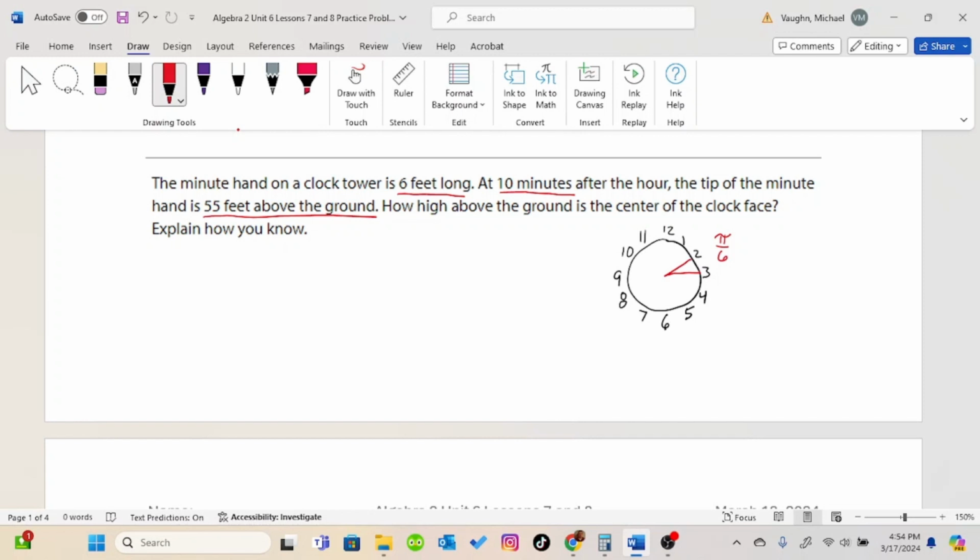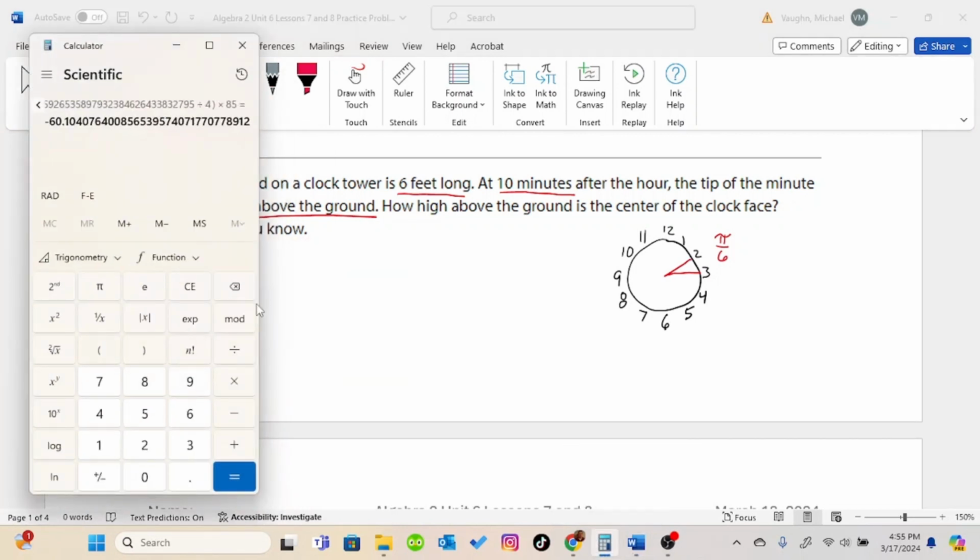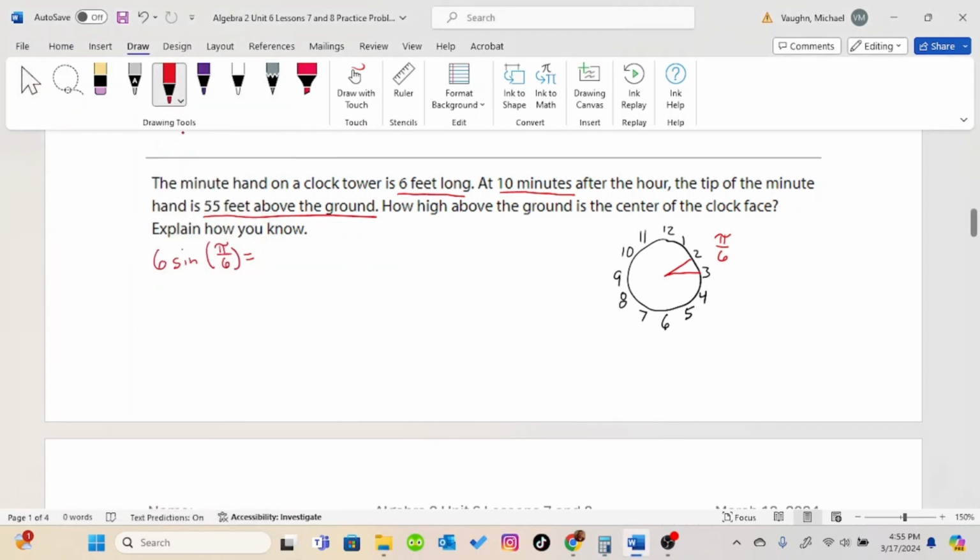But since it's 6 feet long, we're going to say 6 times the sine of pi over 6, and we can put this in the calculator. So we would say in parentheses, pi divided by 6, close parentheses, and we want the sine, which is 1/2, times the 6-foot length of the clock hand, which is 3.